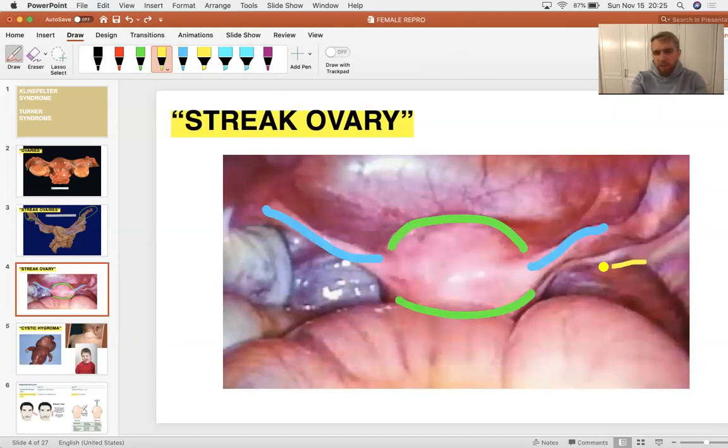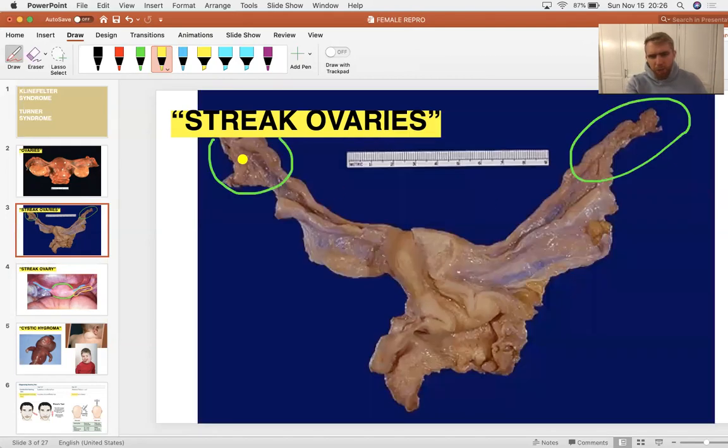So that means that this thing right here, this flat little ligamentous looking thing, that's an ovary, and it's unilateral. You don't see an ovary on the other side in this image here, but that's what a streak ovary looks like. Again, here's another good photo of it.